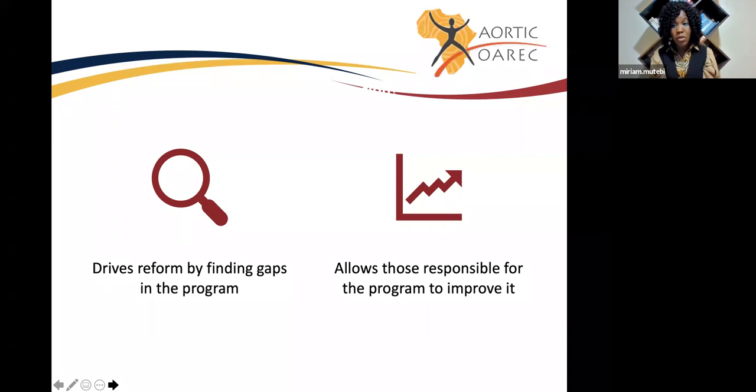The strategies may or may not work, but even a strategy that doesn't work gives us information about what we shouldn't repeat. It also allows those responsible for the program to improve it. If we just go along and assume it's perfectly fine, unless we actively raise an alarm and say this is not working, how can we constantly improve on it? Then that ultimately falls through the cracks.